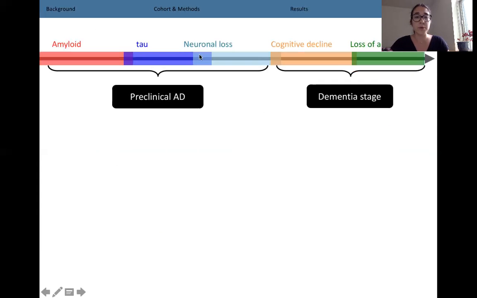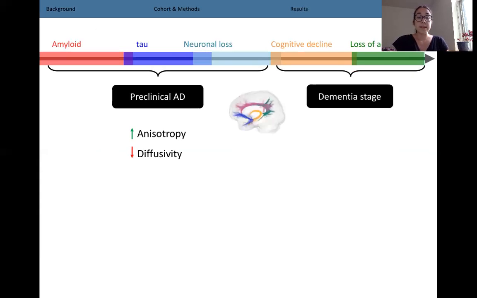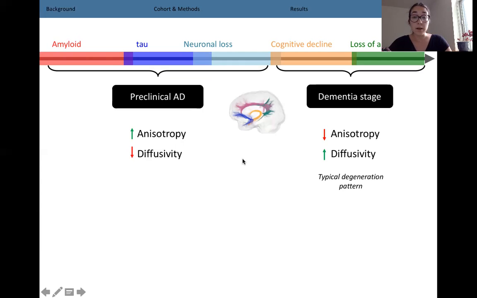Taken together, if we bring back our little timeline of Alzheimer's disease, what we see consistently across 3 bundles is higher anisotropy and less diffusivity. However, this is in contrast with what is observed in the late dementia stages, where we see a typical pattern of white matter neurodegeneration with increased diffusivity in the brain.